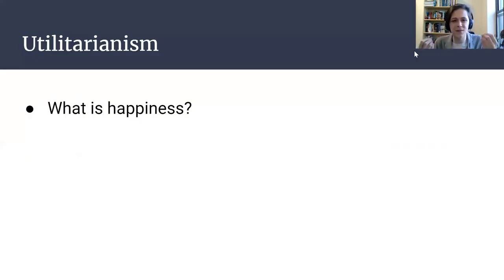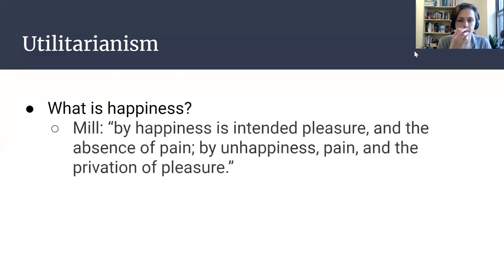Even dictionary definitions can give you the general idea, but they're not going to give you the necessary and sufficient conditions that you want. They're not going to give you the full philosophical account that we're looking for in philosophy, like we talked about when we looked at knowledge. We want an account of what it is, not just a vague description that'll sort of get us the idea of how the word is used.